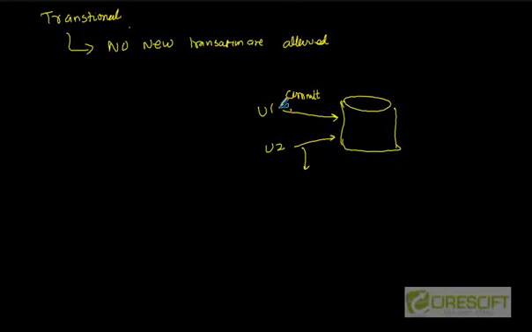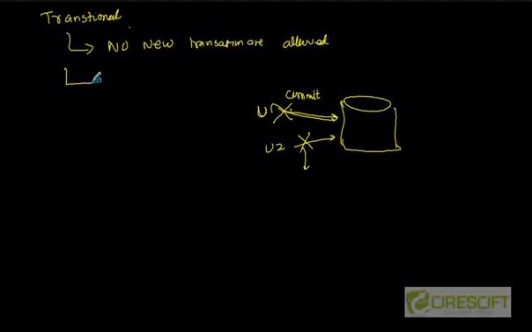When user 1 gives a commit, that means the transaction is done. Therefore user 1 will be automatically disconnected. However, user 2 is still there. Eventually user 2 is going to do a commit, and then user 2 is going to be disconnected.